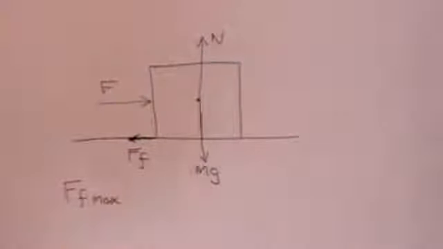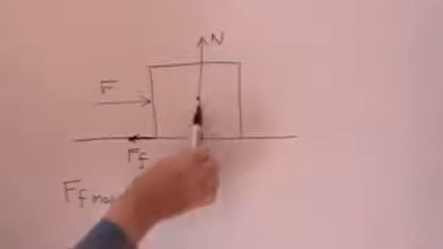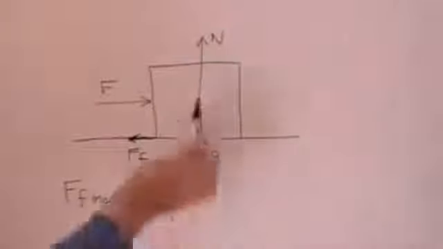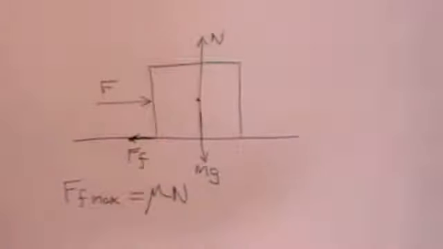And the maximum frictional force is given as the coefficient of friction, which is mu, times n, which is the normal force. And in this particular case, you can see that since the bookcase is not going to accelerate up or down, the net force in the vertical direction must be 0.